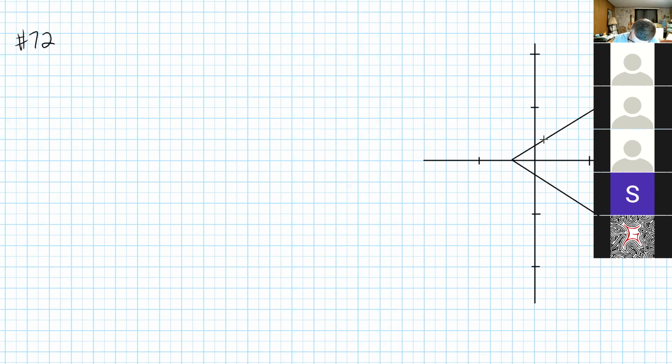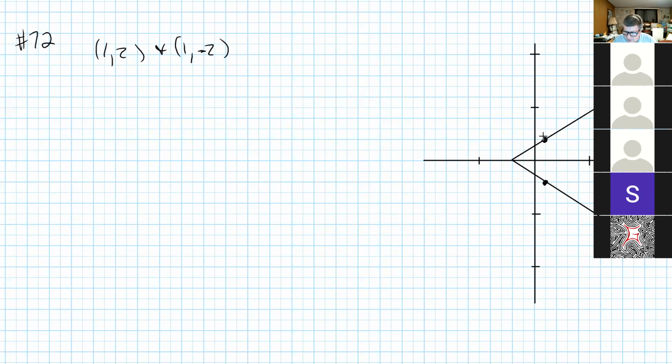It is not a function. And it says, find two ordered pairs where more than one value of Y corresponds to a single value of X. Look at right there. I've got 1, 2, and 1, -2. So those 2 points show that it's not a function. Okay with that?